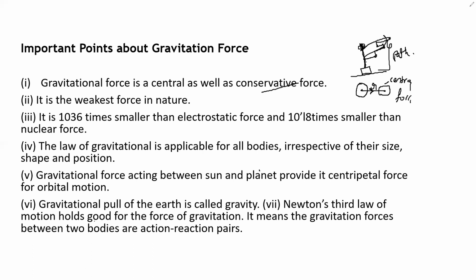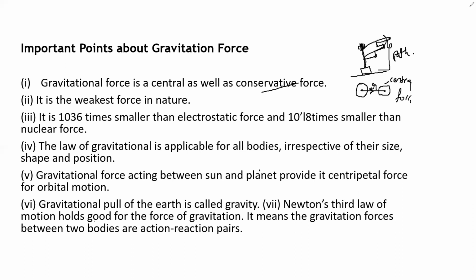Second point. It is the weakest force in nature. Gravitational force is what? It is the weakest force in nature. So why is it called the weakest force in nature? As I told you, among all the four fundamental forces, the gravitational force is the weakest. Next, it is 10 to the power of 36.